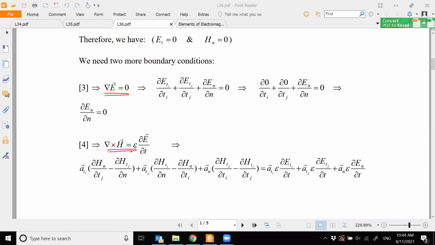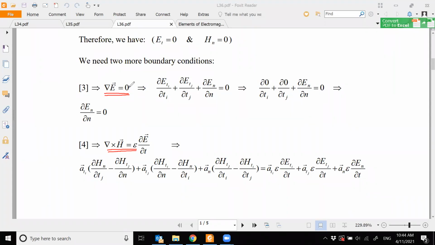Ahmad, sorry? I couldn't hear you. Can you tell me again? It's the Laplace equation. No, it's not the Laplace equation. It is not del squared.